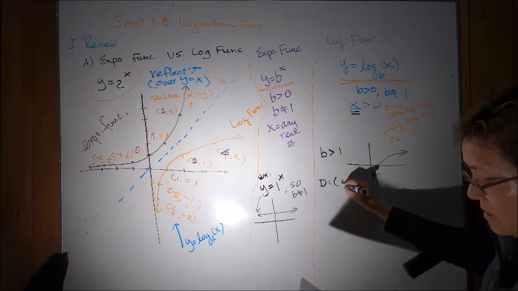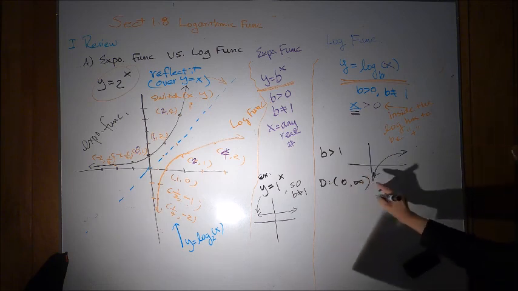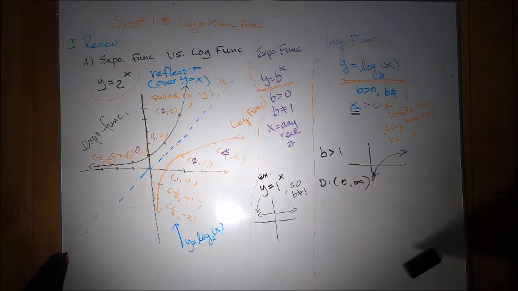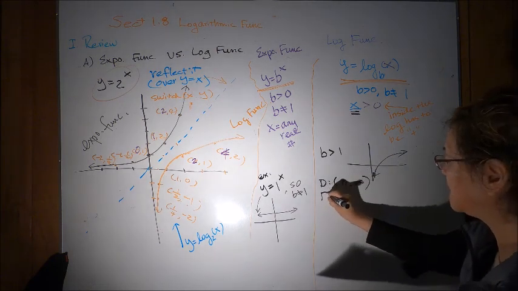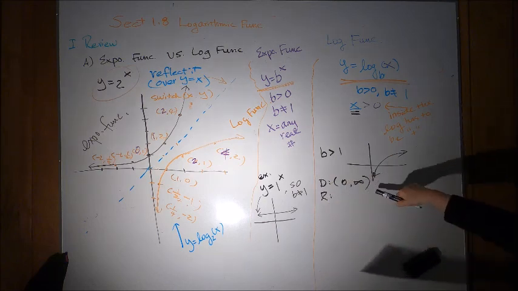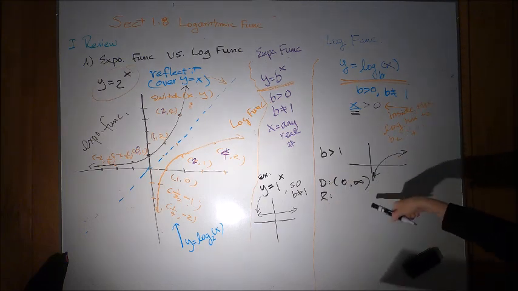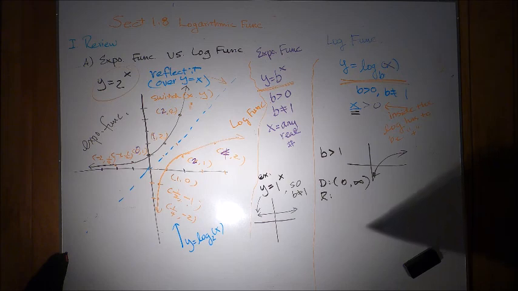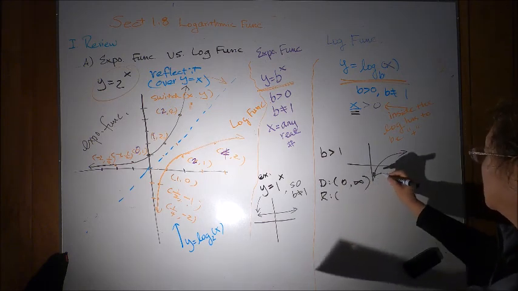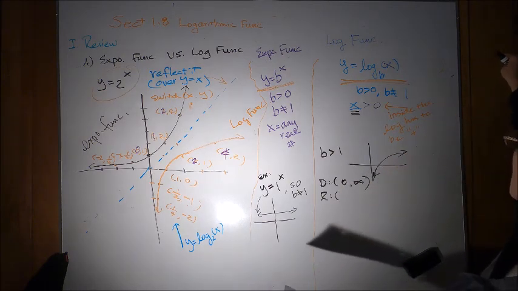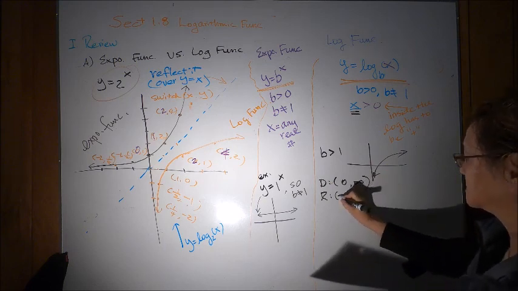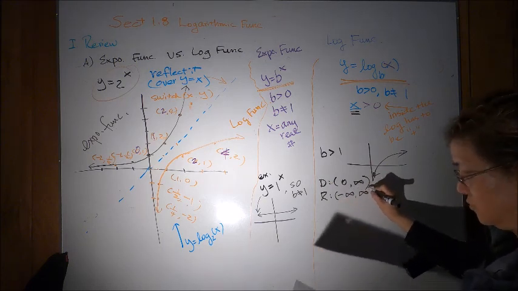It's 0 up to infinity, okay? Then what is your range? How far you can go up and down for y. All possible values for y can go up, up, and down, down, down. So negative infinity to infinity.